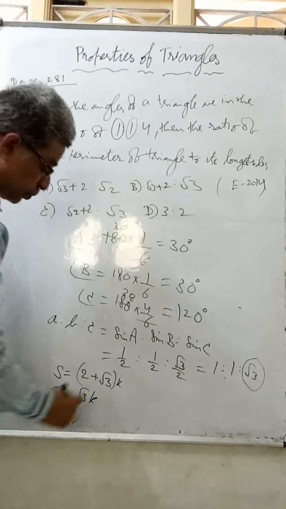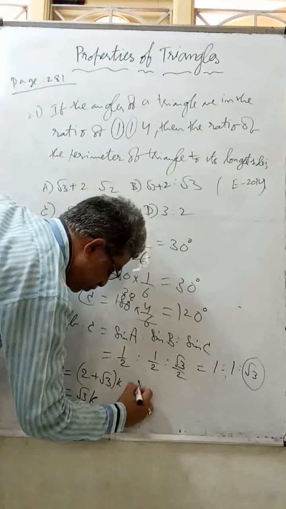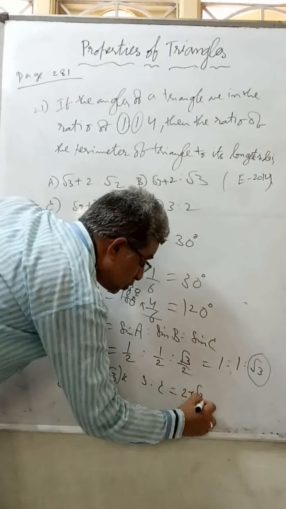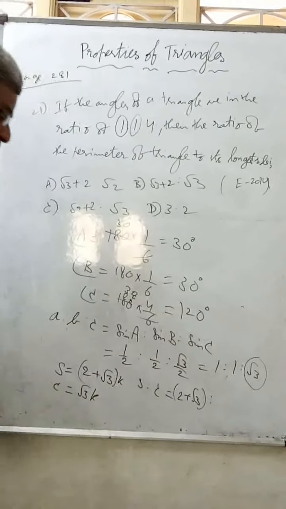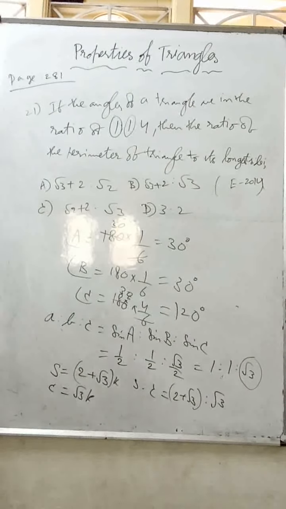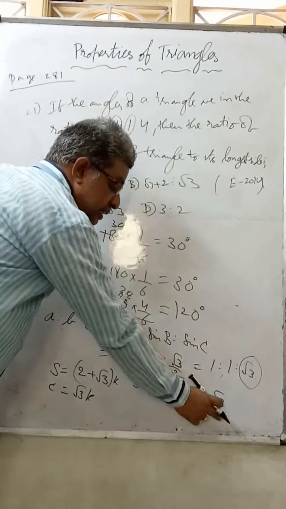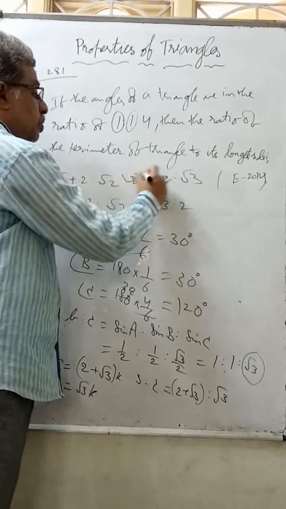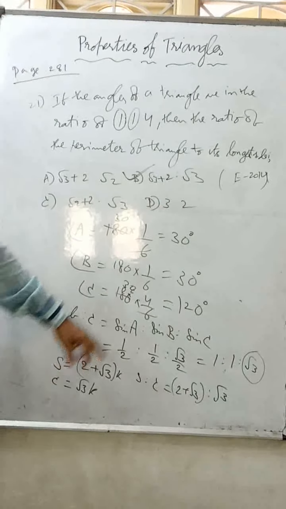The ratio of these two, S is to C, k gets cancelled, is 2 plus root 3 is to root 3. This gives the ratio of the perimeter to the longest side. So our option is B.